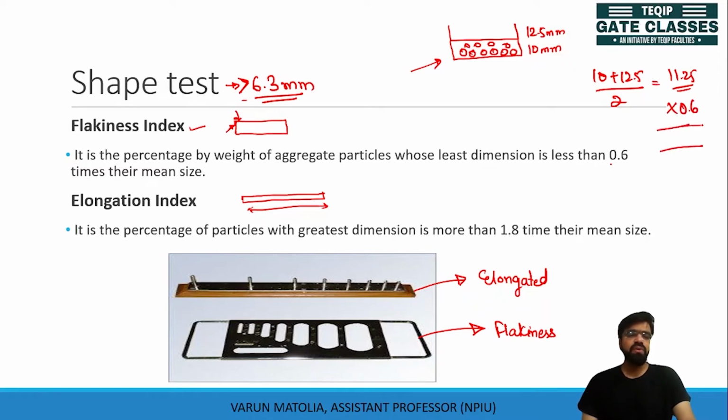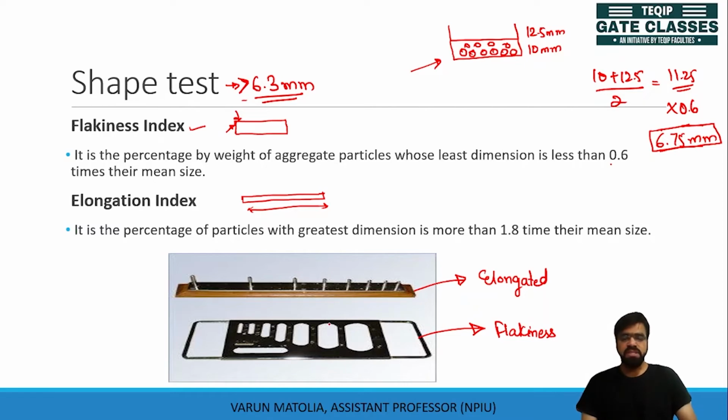So whatever value we have here, let us calculate it. 6.75 mm. What we want for these aggregates is that none of the dimensions should be less than 6.75 mm.